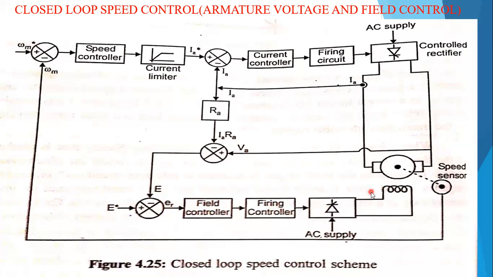Let us consider here: the motor accelerates and E increases, where E is equal to VA minus IA into RA. The field error, E star minus E, decreases, reducing the field current.